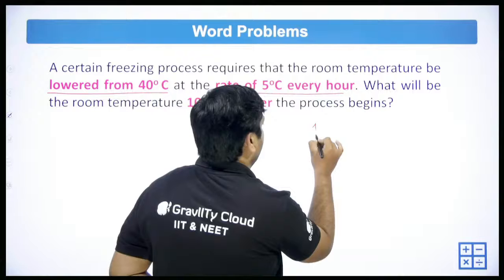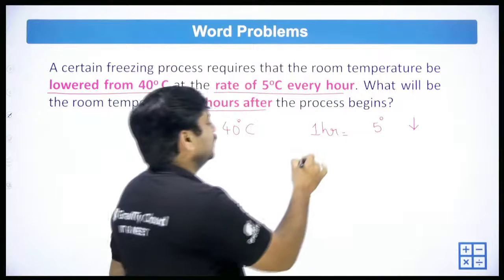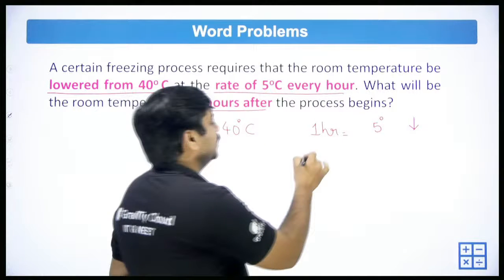So for 10 hours, it will reduce by 5 into 10, 50 degrees. It will reduce by 50 degrees, correct?